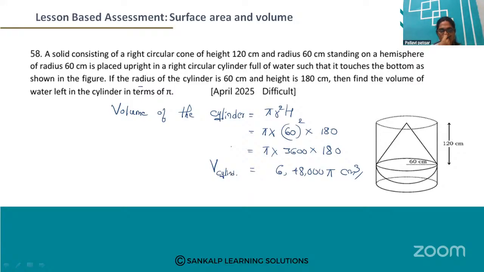So now calculate the volume of this solid. This is the sum of the cone and hemisphere. Okay, the solid consists of cone and hemisphere. So here total volume of this solid means the sum of the volume of the hemisphere and cone.